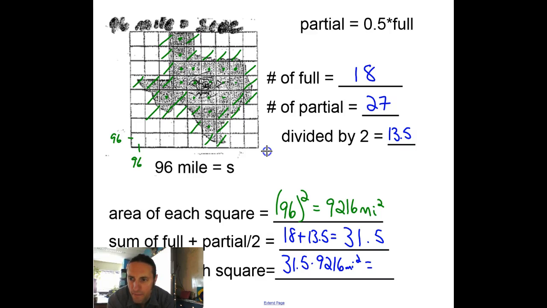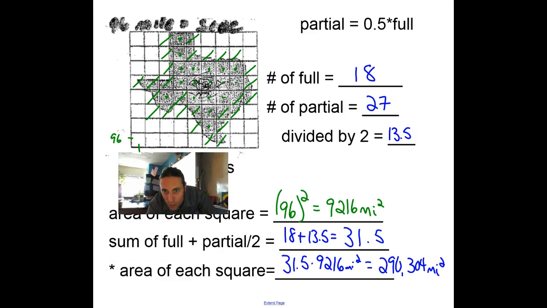Did I do my math right? Yeah, that looks right. 290,304. So I've just estimated the size of the state of Texas to be 290,304 square miles. So I hope this helps.